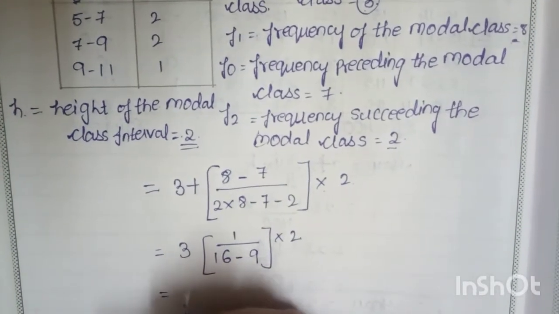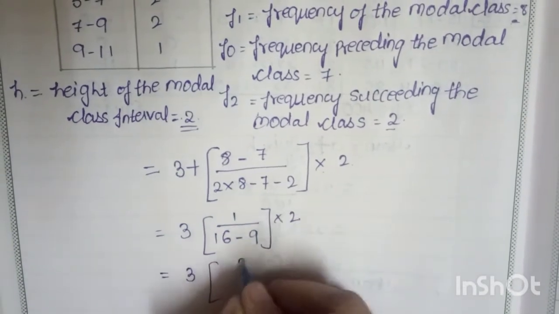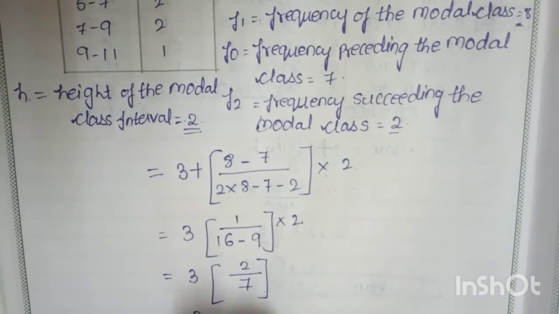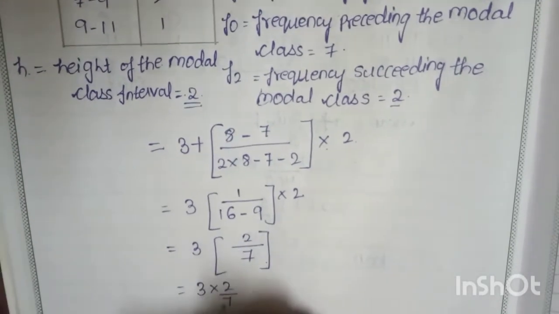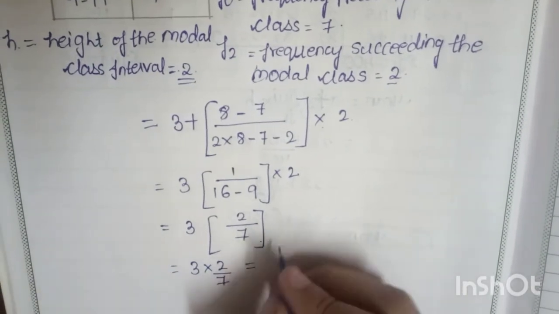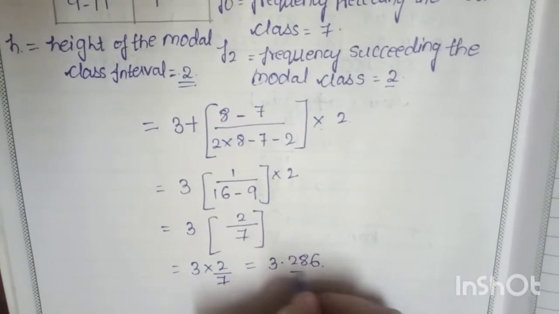Fine. So you get the answer as 3 plus 2 ones are 2 by 7, that is 3 plus 2 by 7. Therefore, the mode of the given data will be equal to 3.286.